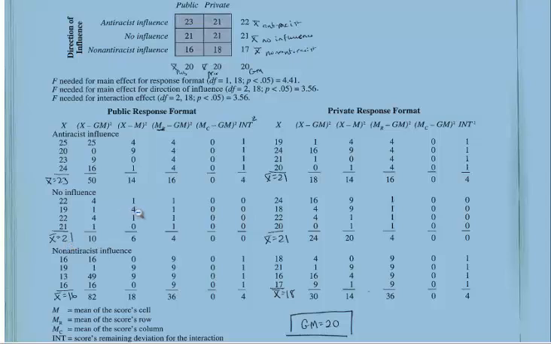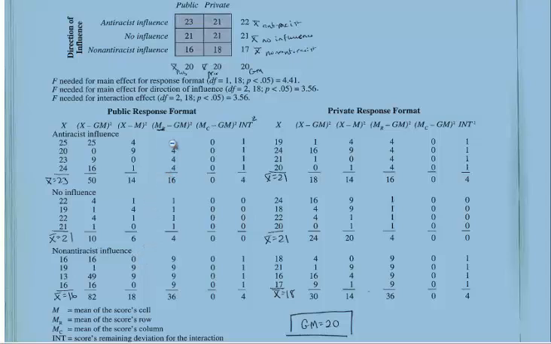We square that, it gives us 4. We do that same process for every single one of our scores, always subtracting the relevant cell mean from the observed score in order to get the squared deviation between the observed score and the cell mean.